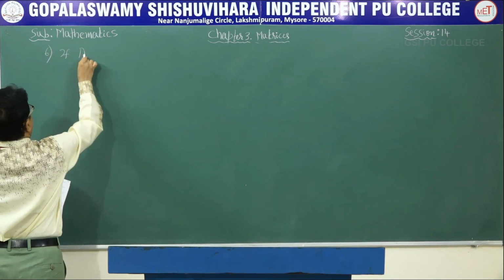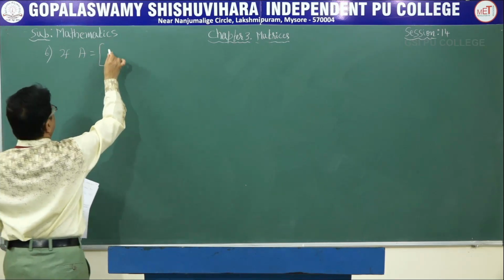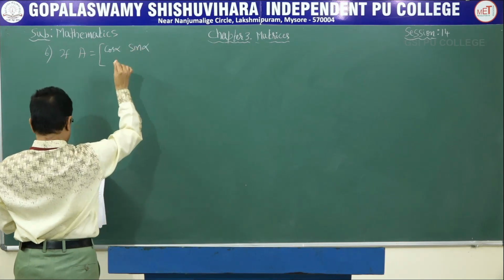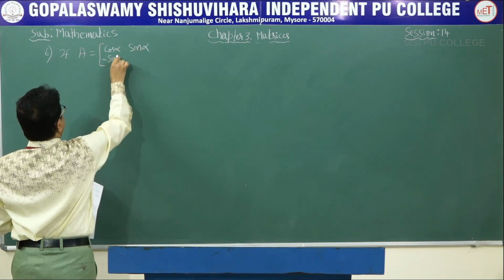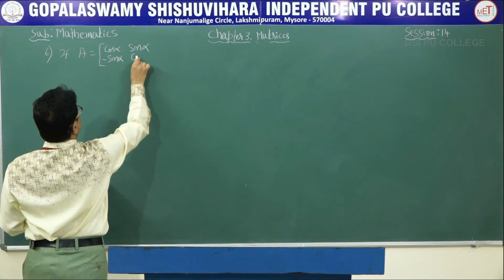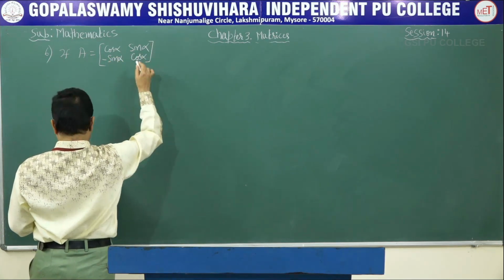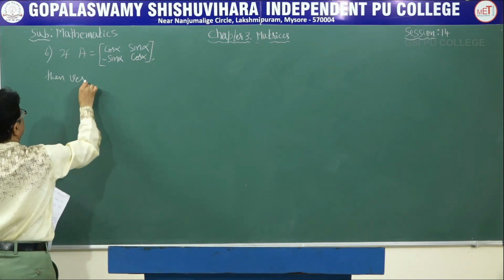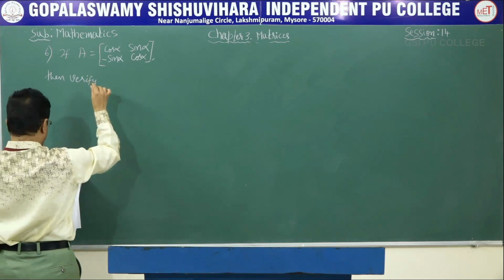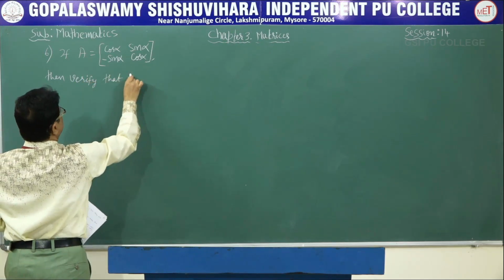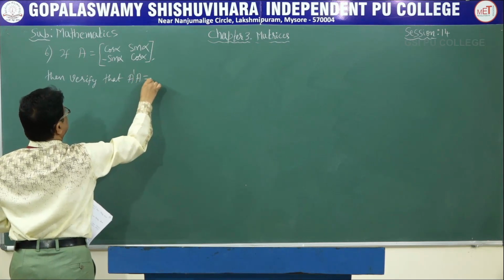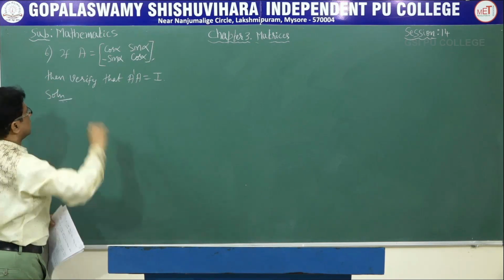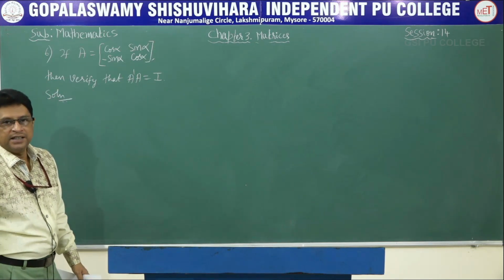If A equals cos alpha, sin alpha, minus sin alpha, cos alpha, then verify that A dash into A is equal to I. So A is given, we have to find A dash.